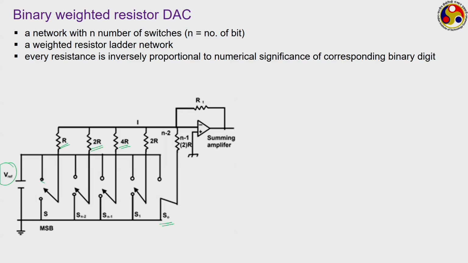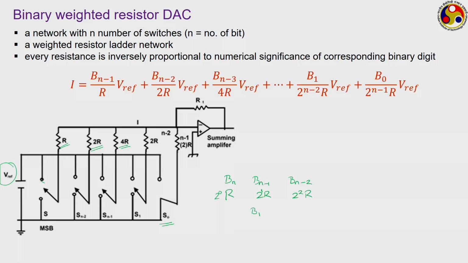The first one, associated with the Bn position, is R, then the one associated with the Bn minus 1 position is 2R. So, we can write this as 2 to the power 0 R, this as 2 to the power 1 R, then the one associated with the Bn minus 2 position is 2 squared R. This way if you keep on going, the one associated with the B1 position, what should be its value? Let us see quickly.